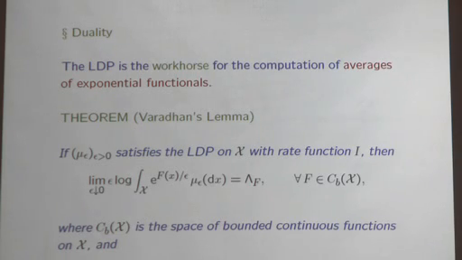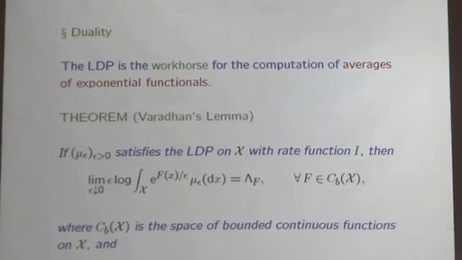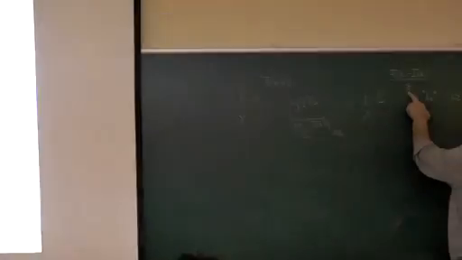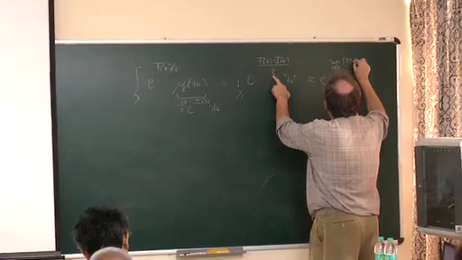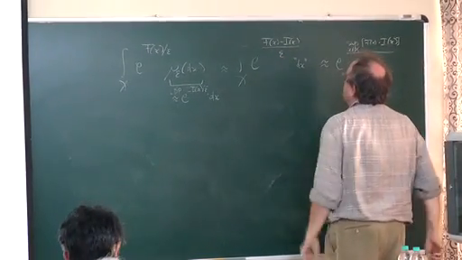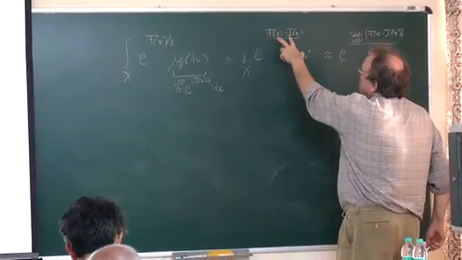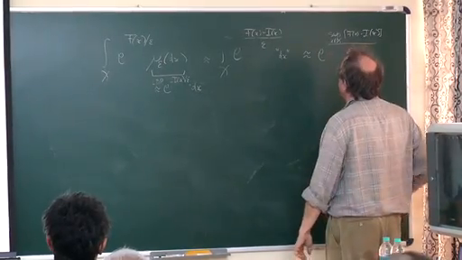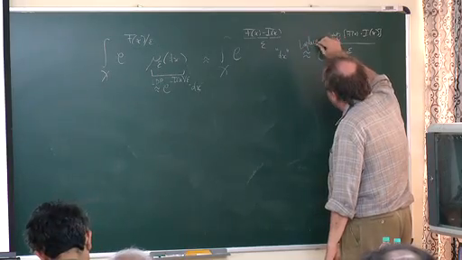And so suppose that if I would substitute this, I would end up with this integral, and by Laplace's principle, this should be e to the supremum over all x of f(x) minus I(x), and that whole thing divided by epsilon, because this integral will be almost entirely carried by the little region where this assumes its supremum.